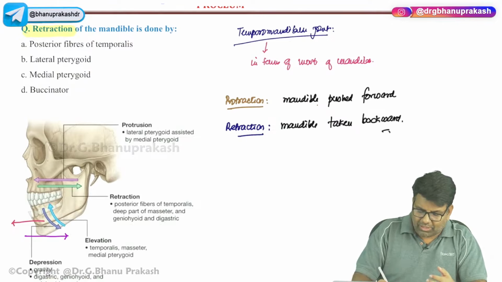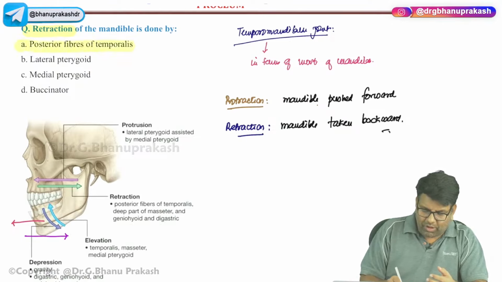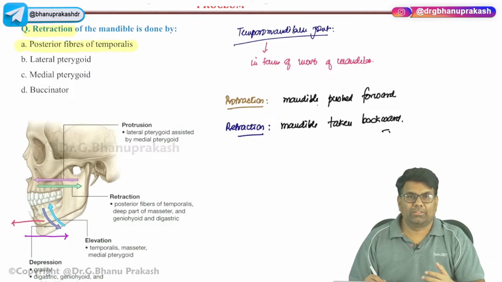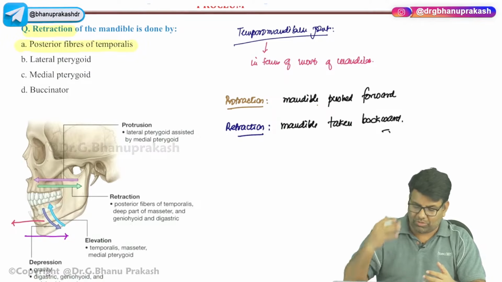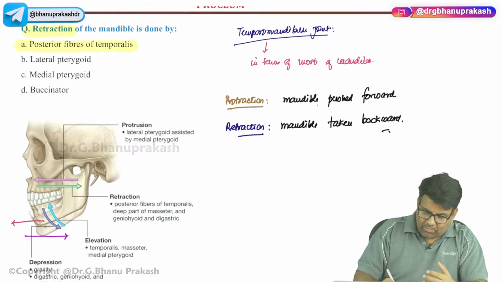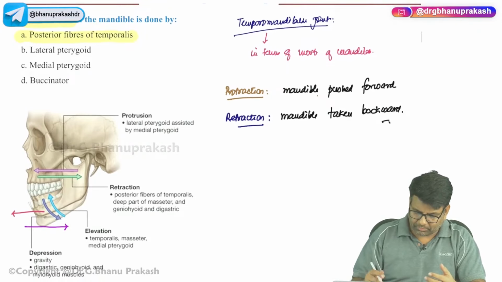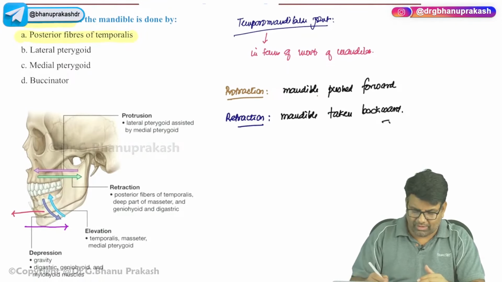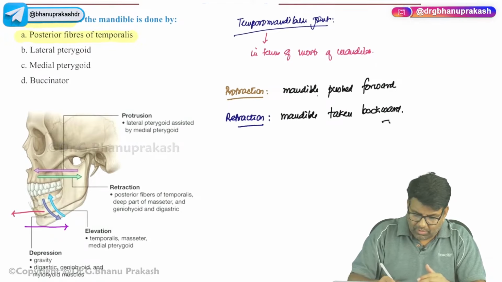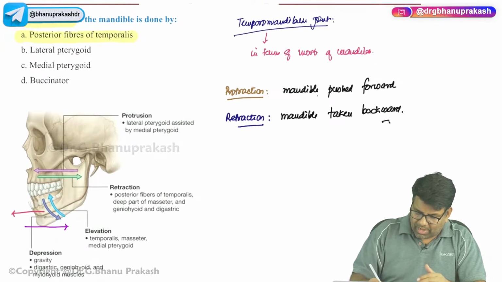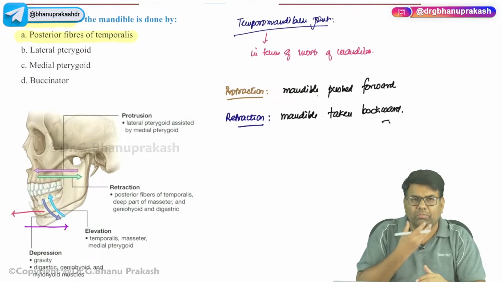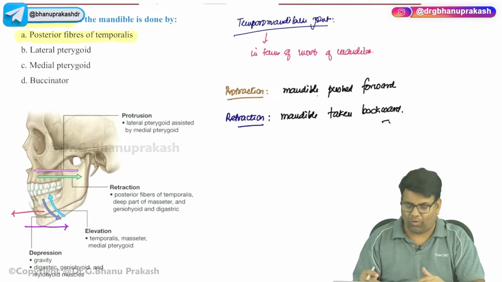Now this retraction is done by the posterior fibers of temporalis. Protraction is done by the pterygoids, both medial and lateral. So protraction, which is also known as protrusion, means taking the mandible forward.